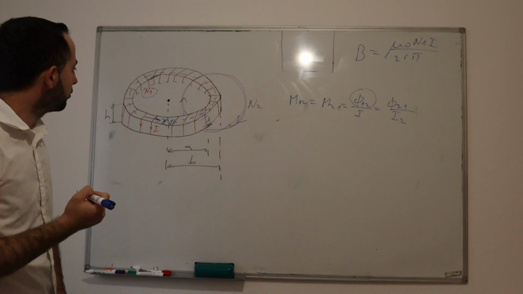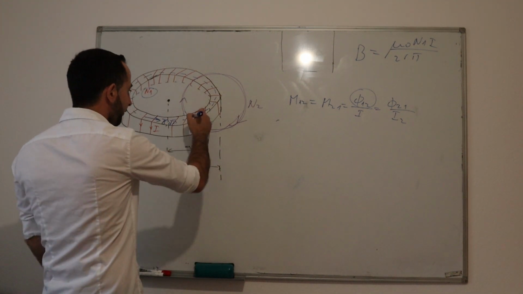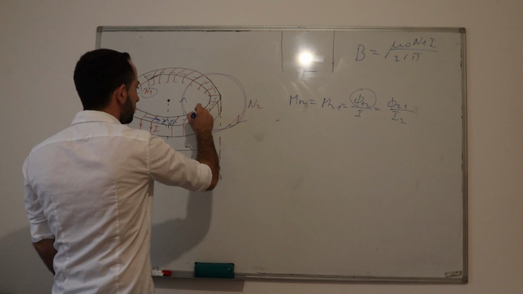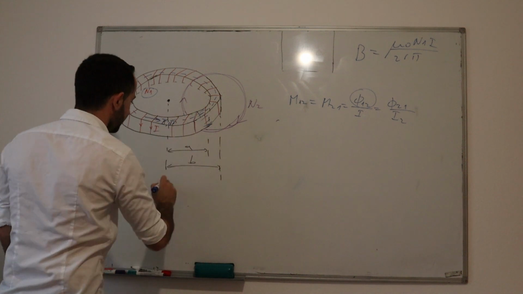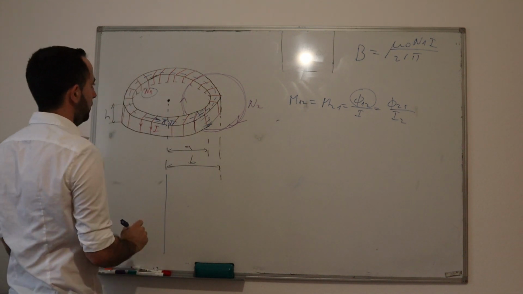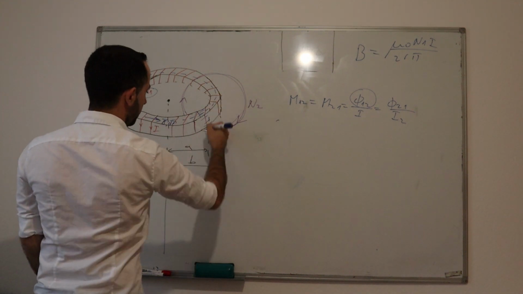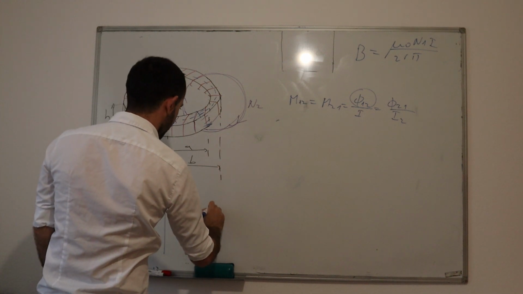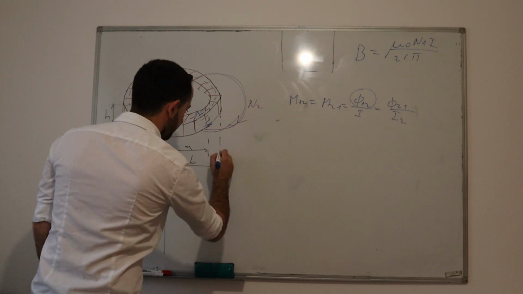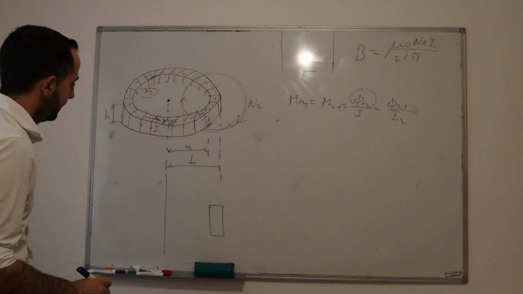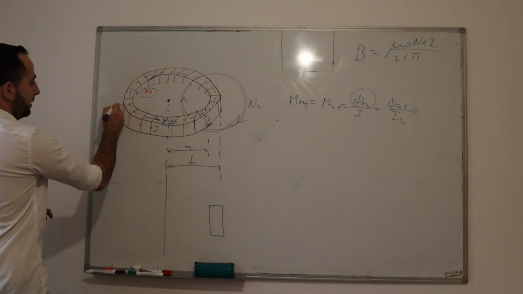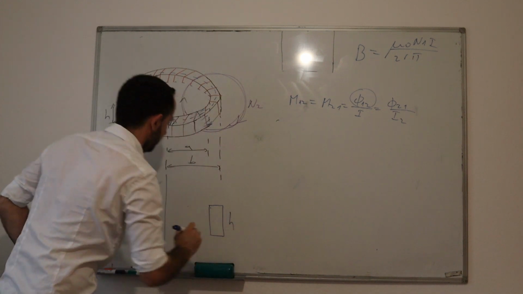Now we need to find the flux inside of this torus. So how will we do that? Very simple. Okay, this is the center of my torus. Here, where my torus starts, it has a rectangular shape. This is its height, h.